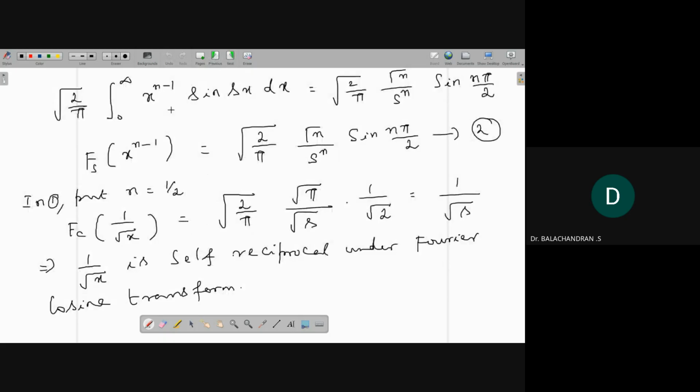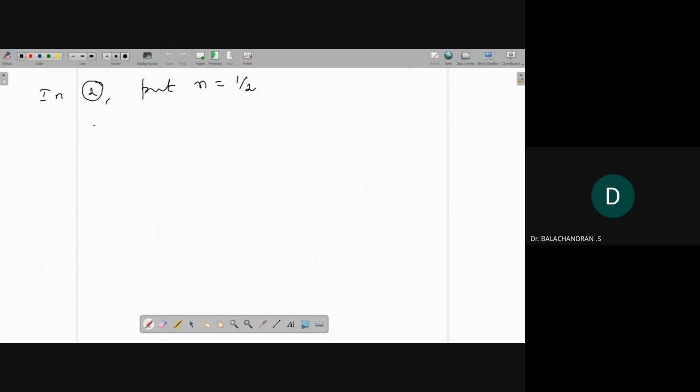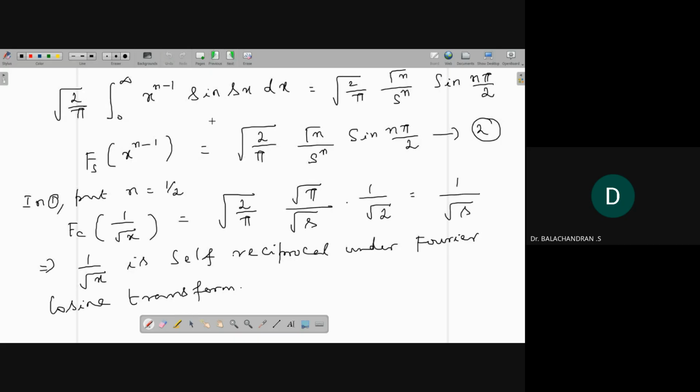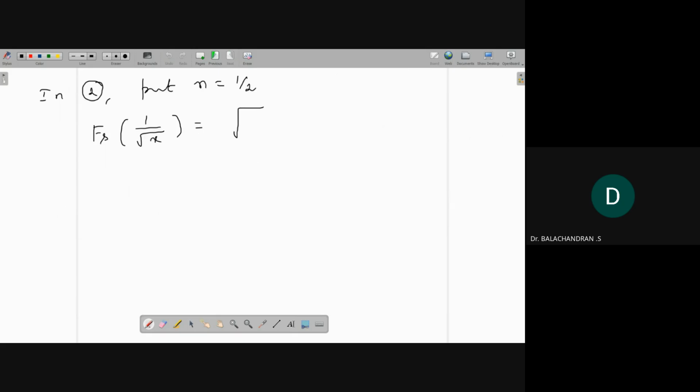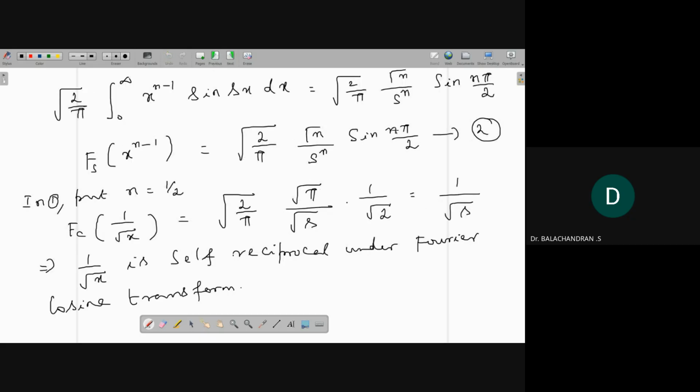Similarly, you will get Fs of 1 by root x is equal to root 2 by pi, gamma of half is root pi, divided by s power half, which is root s, into sine pi by 4.